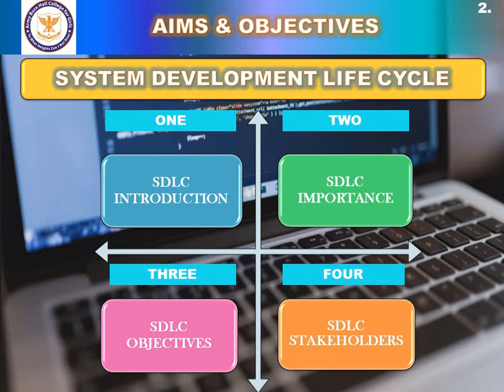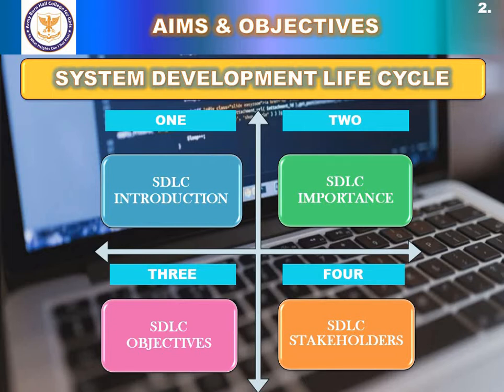But before going towards those steps or phases, there are certain concepts which we need to know. First of all, we need to know what is a system development life cycle, or we can also say a software development life cycle. We need to know some introductory concepts.